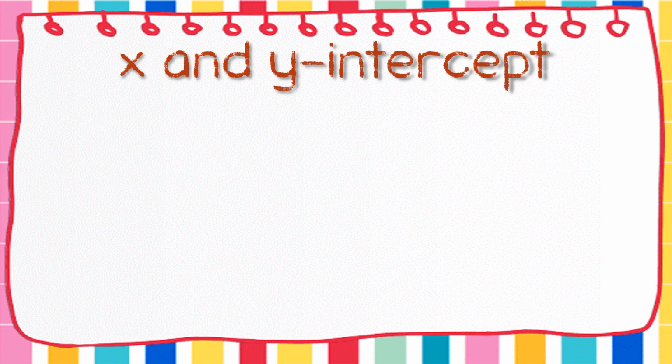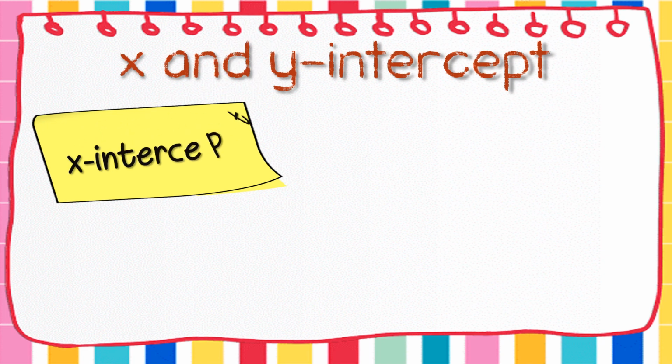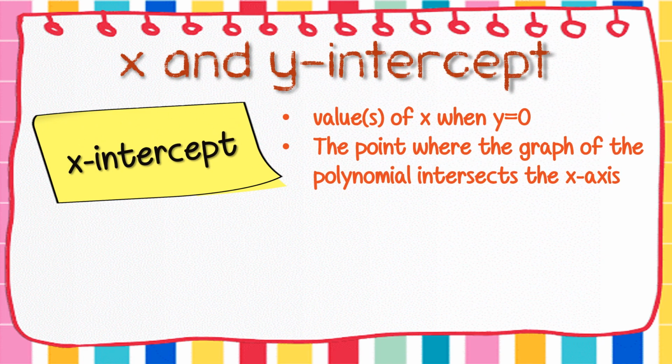Now, we have the x and y intercept. X-intercept, so ito yun. These are the value or values of x when y is 0. Or, the point where the graph of the polynomial intersects the x-axis. Okay?